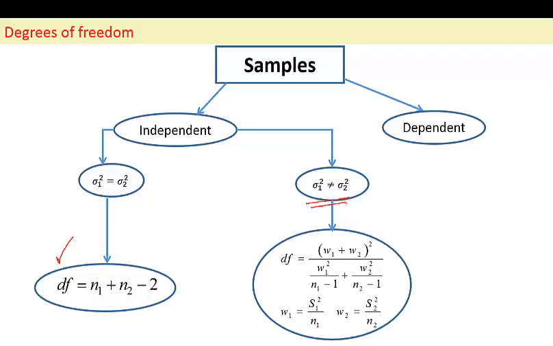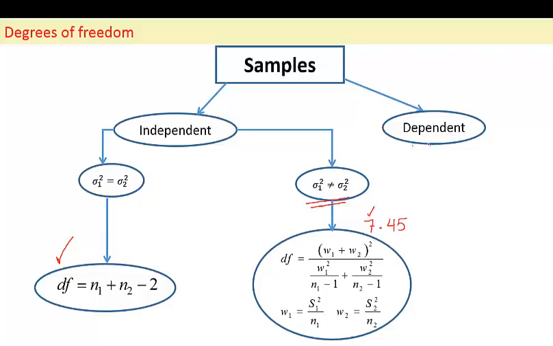This is a little bit complex formula. The answer of this formula may not be an integer, so we will round that number. For example, if the answer somewhere comes like 7.45, we will consider the degrees of freedom as 7, take the integer part.